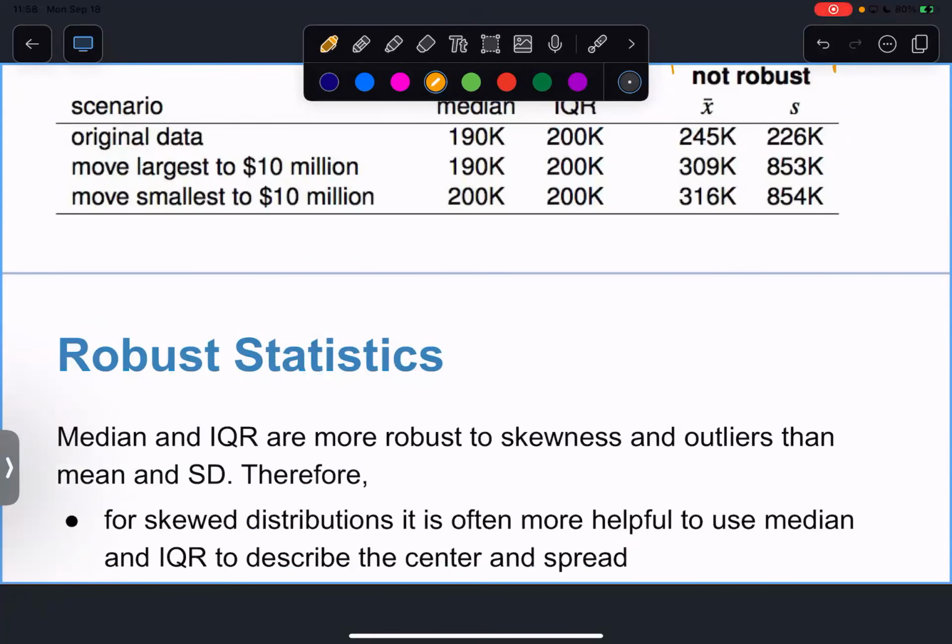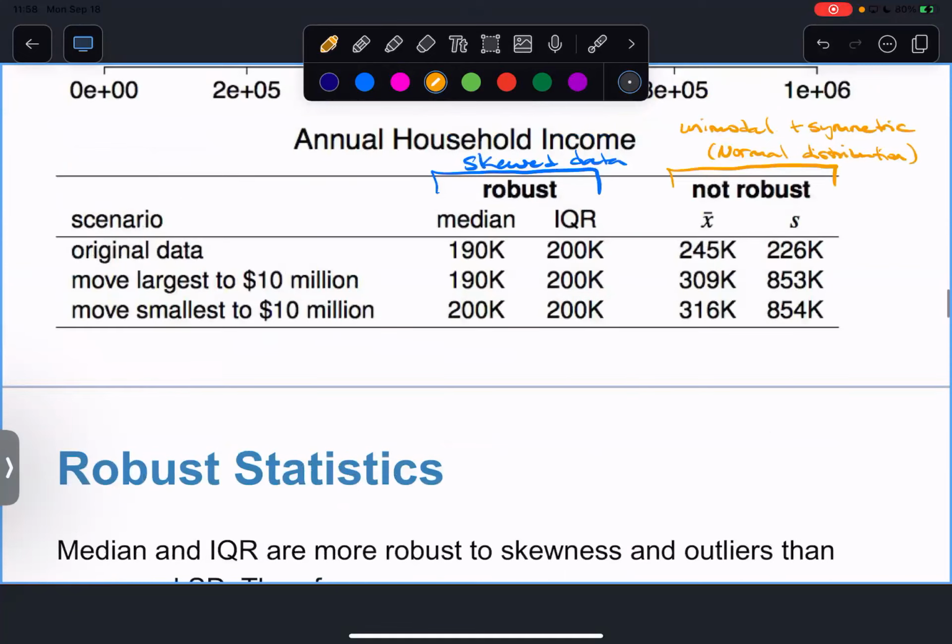But that's why it's important to know the shape, because sometimes when you apply the mean and the standard deviation, right, we can always calculate the mean and the standard deviation. As you can see here, you will get numbers, right? But that's where the human element comes in and says, well, I shouldn't be using these, right?